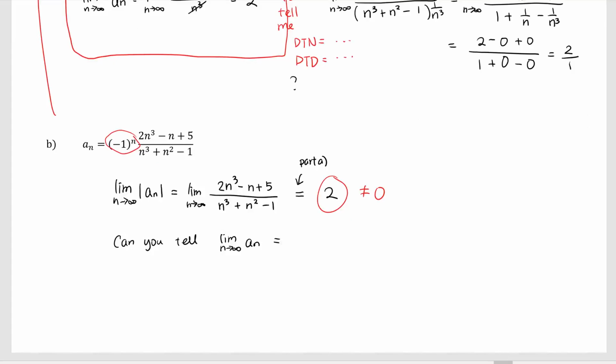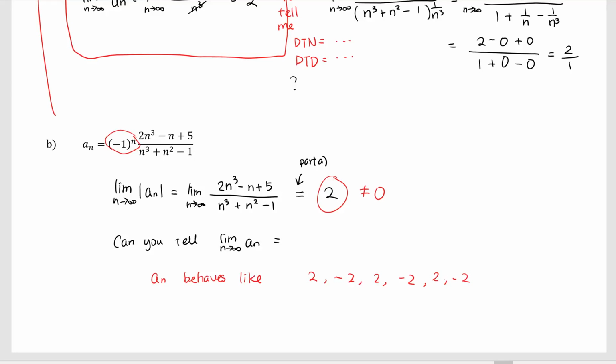A sub n is (-1)^n times this guy. So, a sub n behaves like 2, minus 2, 2, minus 2, 2, minus 2.